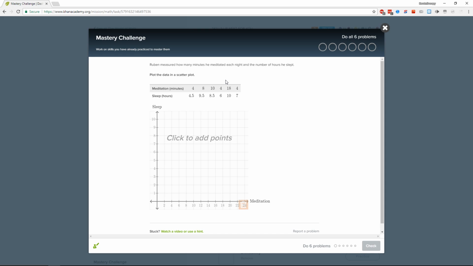Plot the data in a scatter plot. So for meditation, sleep hours is 4.5... 9.5. 8 sleep hours is 9.5... 10. Oops, I'll get rid of that one.